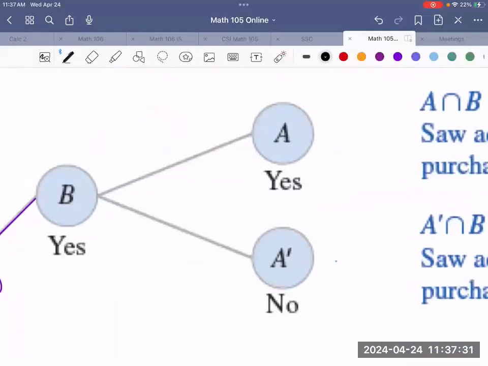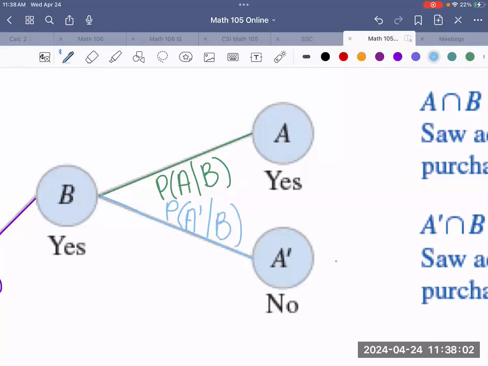So this branch right here is signifying that condition: the probability that you purchased the game, given that you saw the ad, which came first, and then you bought the game. Versus the one below down here, which is the condition that you didn't purchase the game, but you already saw the ad. So that's what your branches are.